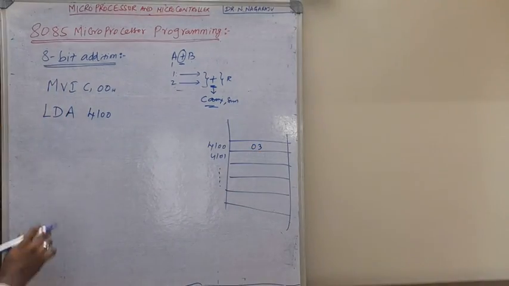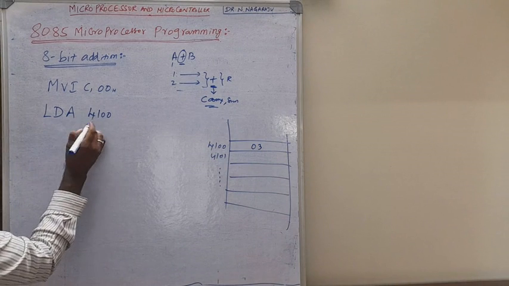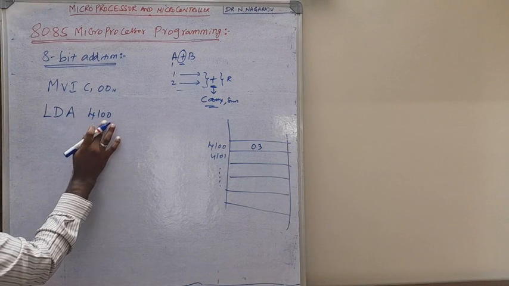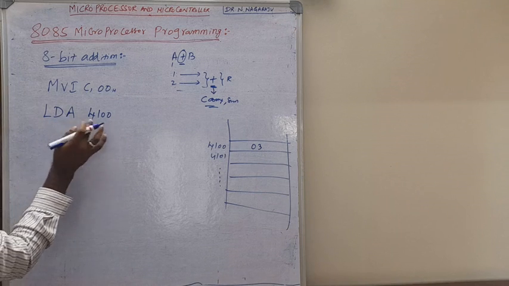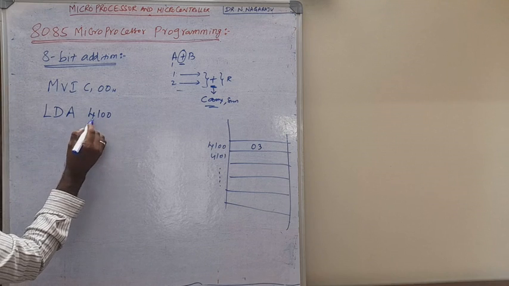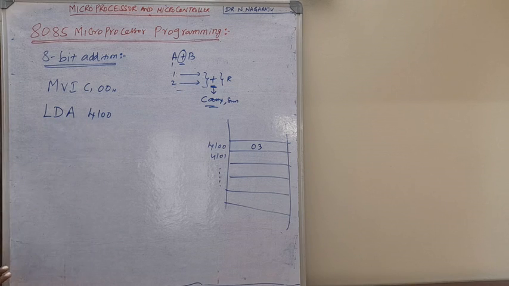So LDA 4100 indicates that whatever content is present in the 4100 memory location is loaded into the accumulator. LD means load. That is A. So this is the instruction.